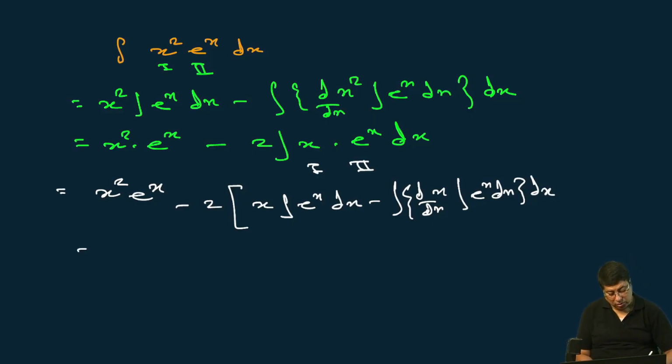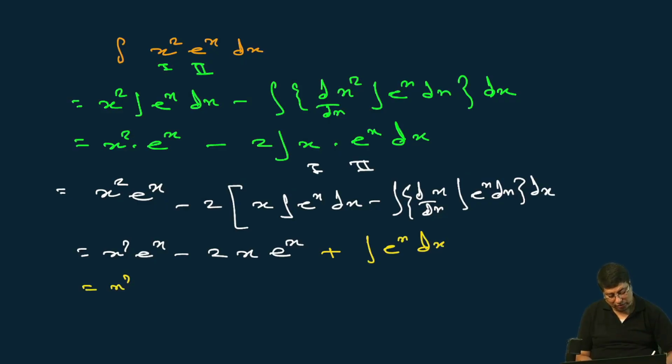So x square e to the power x minus 2 x e to the power x, and this minus will be coming to be plus. So I am getting here plus dx by dx is 1 and e to the power x integration is e to the power x, and so we are getting another one's integration. So x square e to the power x minus 2x e to the power x plus e to the power x plus c.